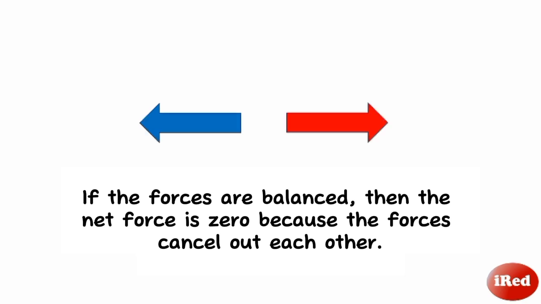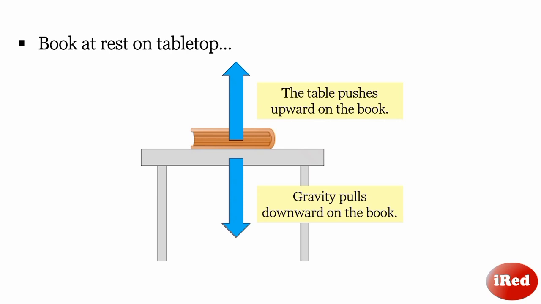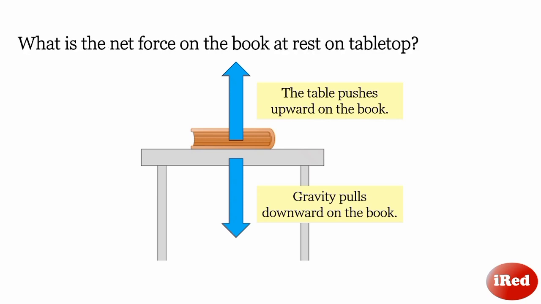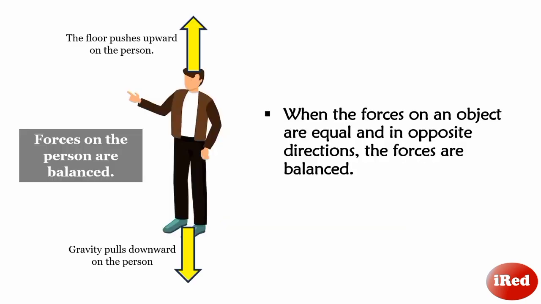Considering our example, what is the net force acting on the book at rest on the table? Since the force of gravity and the normal force are equal in magnitude and in opposite directions, they cancel each other. Thus, the net force on the book is equal to 0. So when the forces on an object are equal in opposite directions, the forces are balanced.